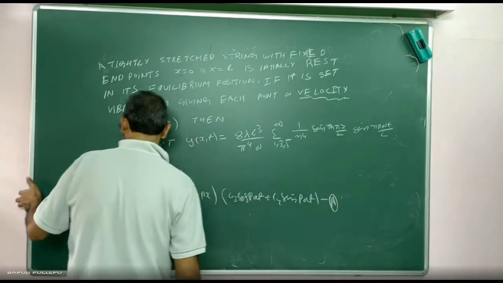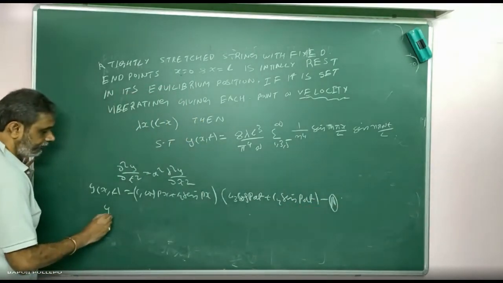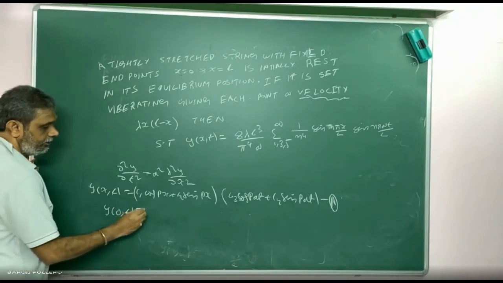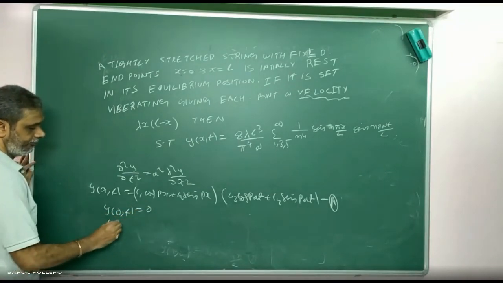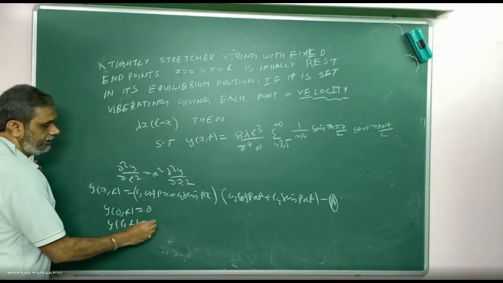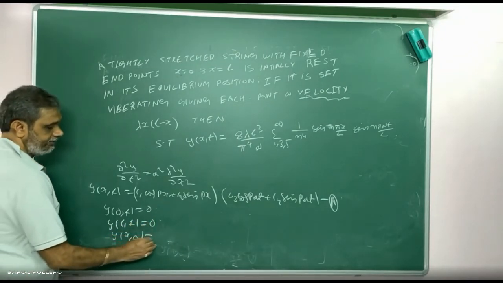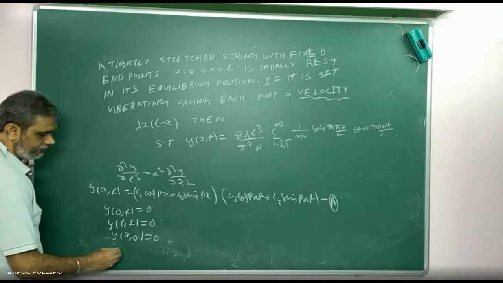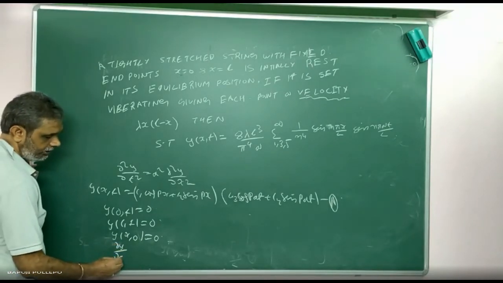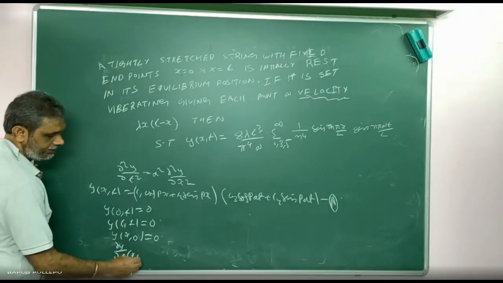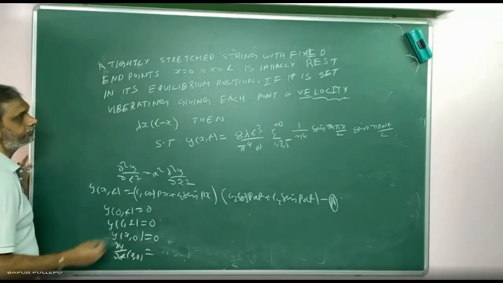Now the conditions are what? y(0,t) is equal to 0, y(L,t) is equal to 0, then y(x,0), initially displacement 0. Then the fourth condition is what? ∂y/∂t at (x,0) is equal to f(x).